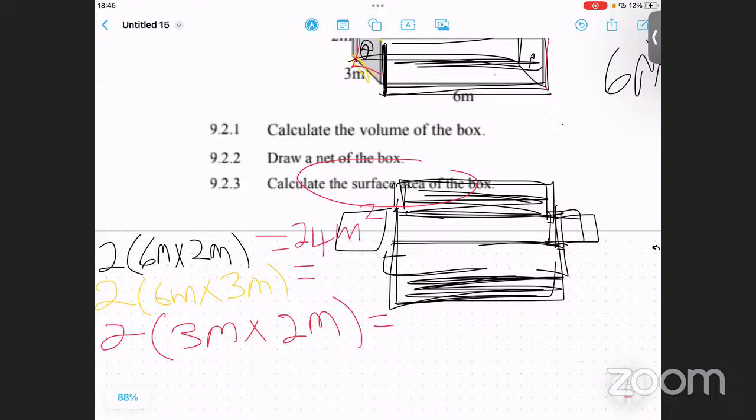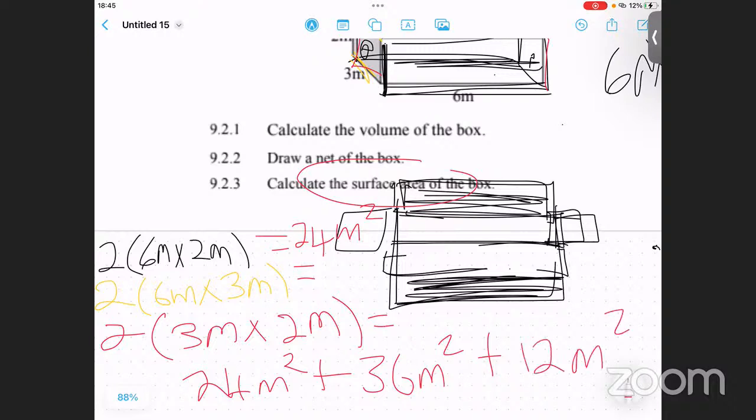24 meters squared. That means we're going to have 24 meters squared plus. Then for the second one, which is 6. Ma'am, I got 36. 36 meters squared. And for this one, is it a 12? Yes, ma'am. 12 meters squared.